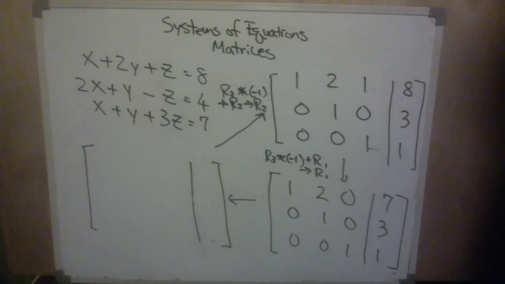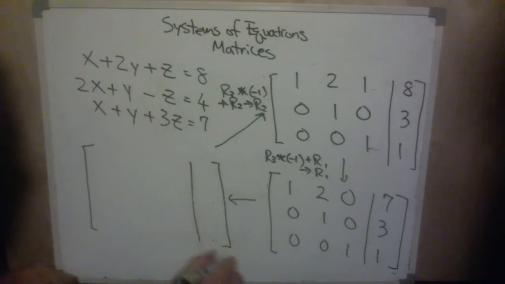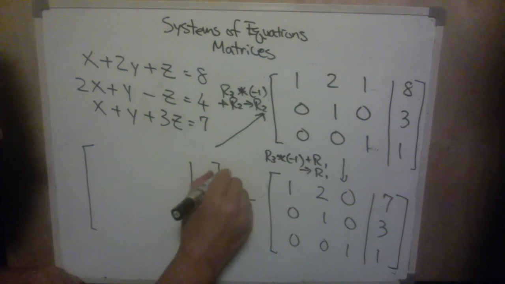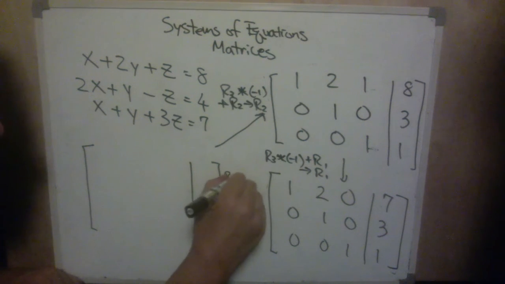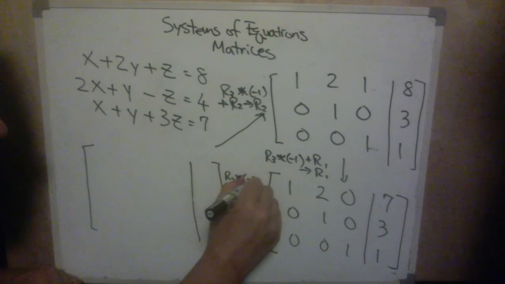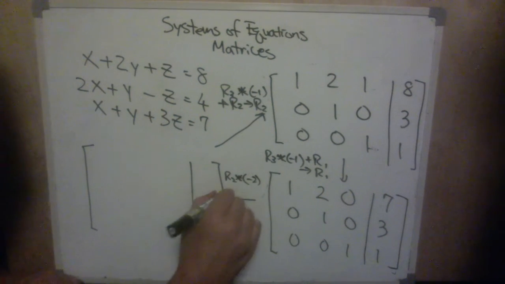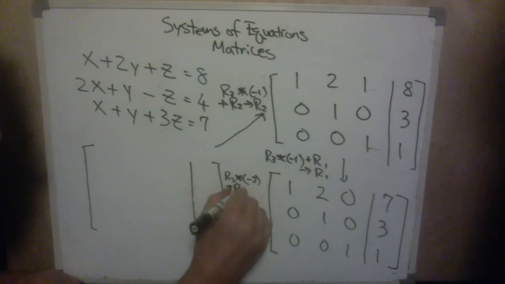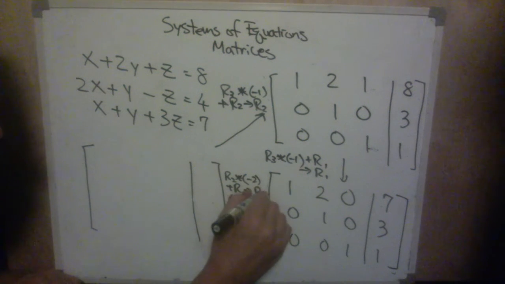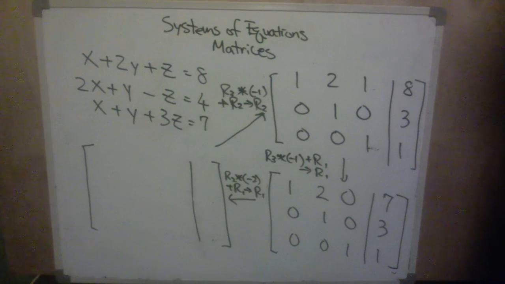So we want to turn that 2 into 0. What I can do is take row 2 and multiply it times -2, and add it to row 1, and that's going to be my new row 1. So let's do that.